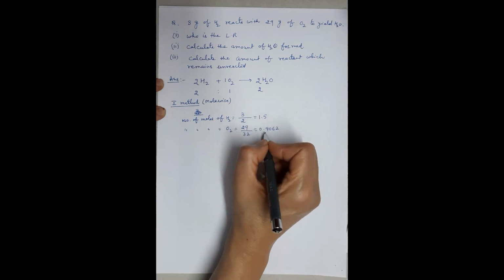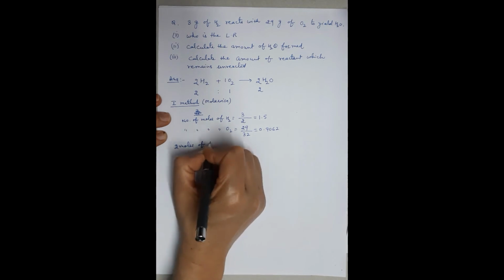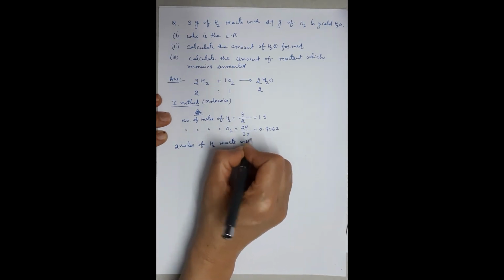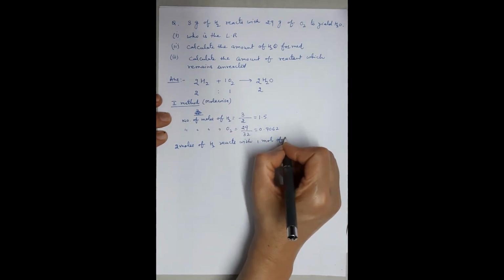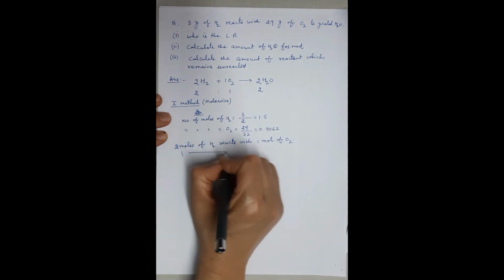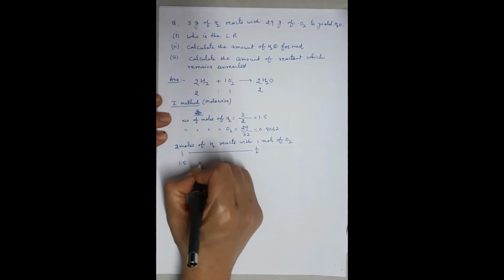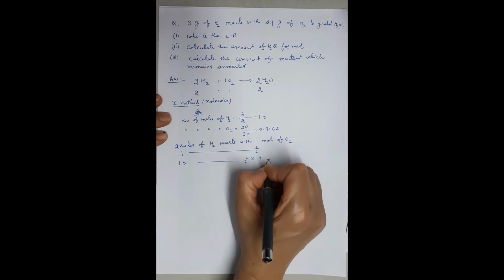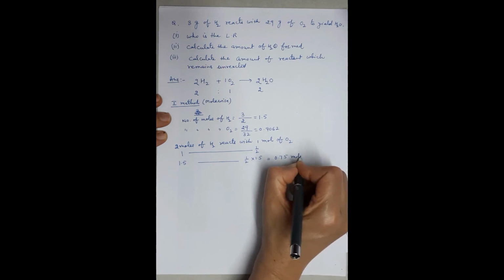These are the number of moles. 2 moles of hydrogen reacts with 1 mole of O2. 1 mole of hydrogen will react with 1/2. And how many moles are there? It is 1.5. So it is 1/2 into 1.5, which comes out to be 0.75 moles of O2.